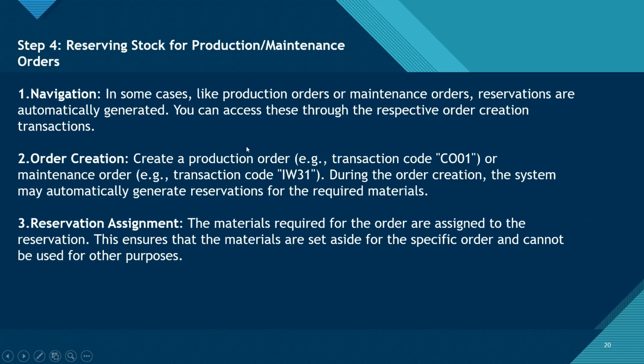Here is what happens. There's a BOM. For one production order, if I want to produce a material, there must be components. A material can have B and C components. To produce A, I have to issue B and C, right?